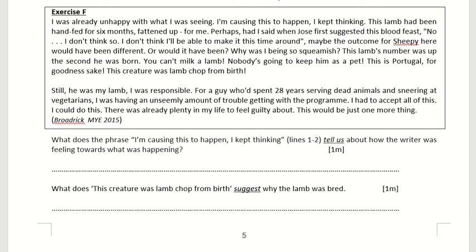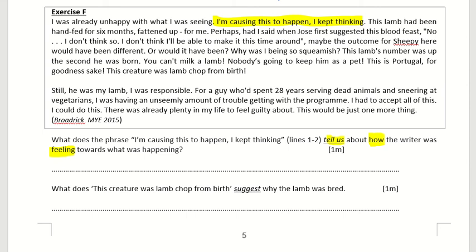What does the phrase, I'm causing this to happen, I kept thinking, tell us about how the writer was feeling towards what was happening? So you can find a contextual clue here. And the question, how, tells you that you are supposed to find out what the writer's feeling was. I'm causing this to happen. What does it mean?